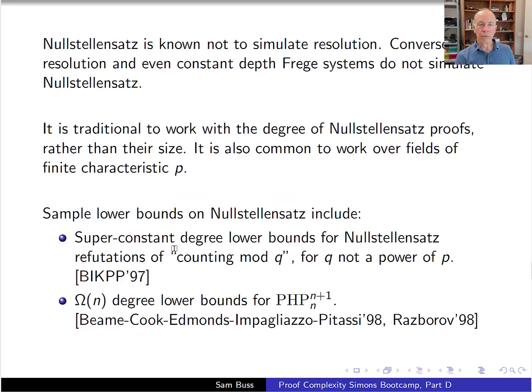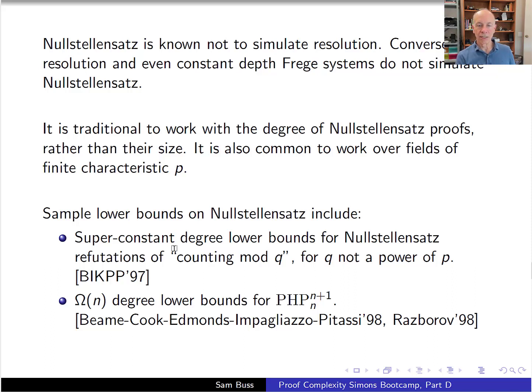So we can translate clauses into polynomials, and then Nullstellensatz is known to simulate resolution. It becomes a proof system, but the converse is not true. Resolution or even constant depth Frege systems do not simulate Nullstellensatz.